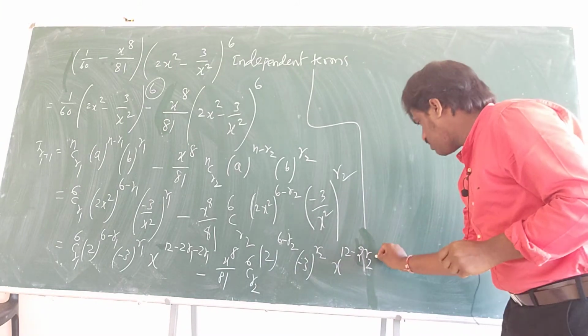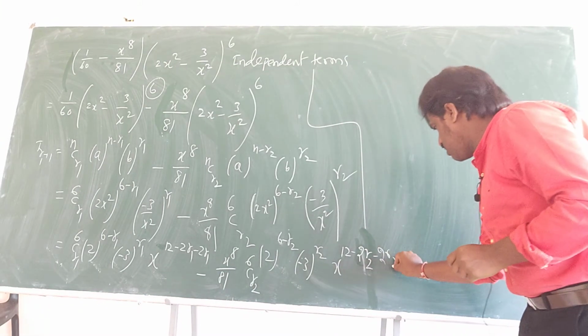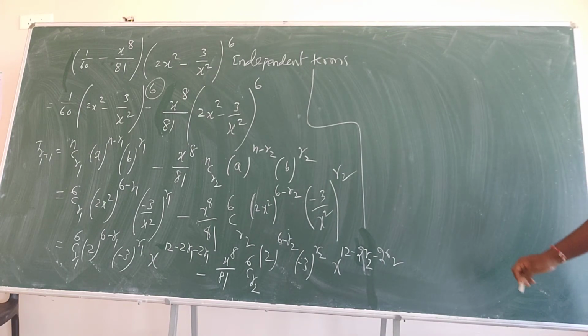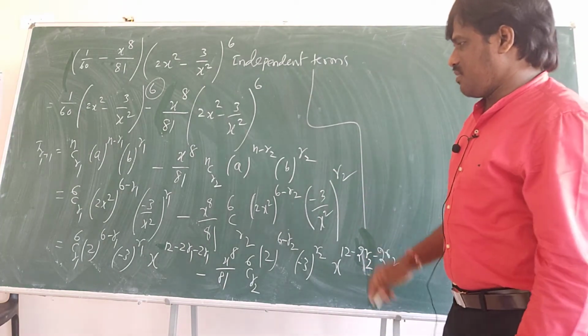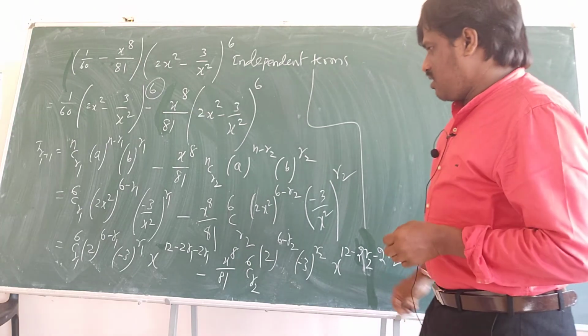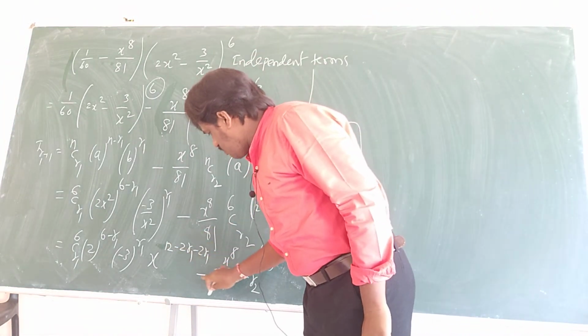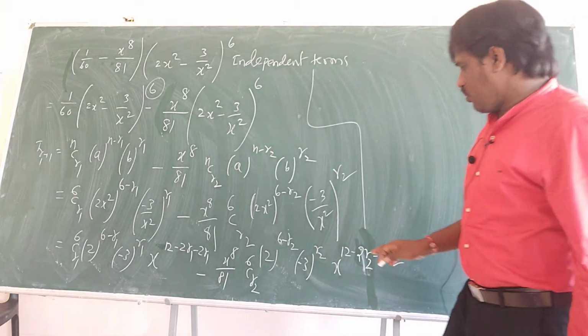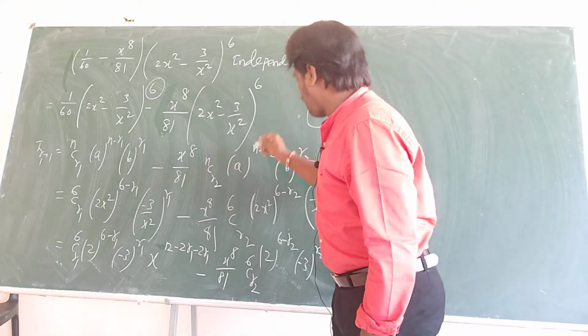Correct? Yes, madam. Right? Correct? Yes, sir. Right? Okay, so what did you get here finally? So this must be equal to 0, and this must be equal to 0, independent. Where is the bracket?